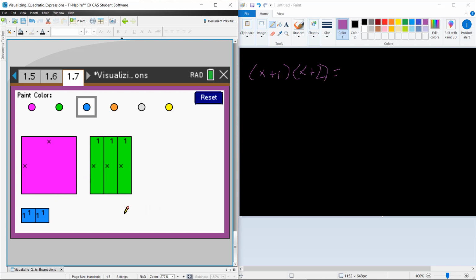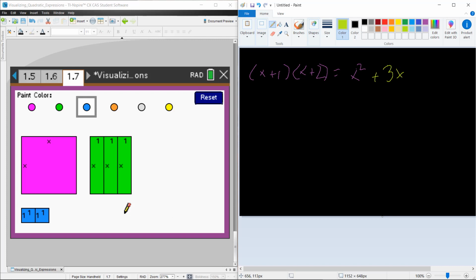You probably checked it against this one, which would have been x squared plus 3x plus 2. And so you may have checked this one and verified it against the others.